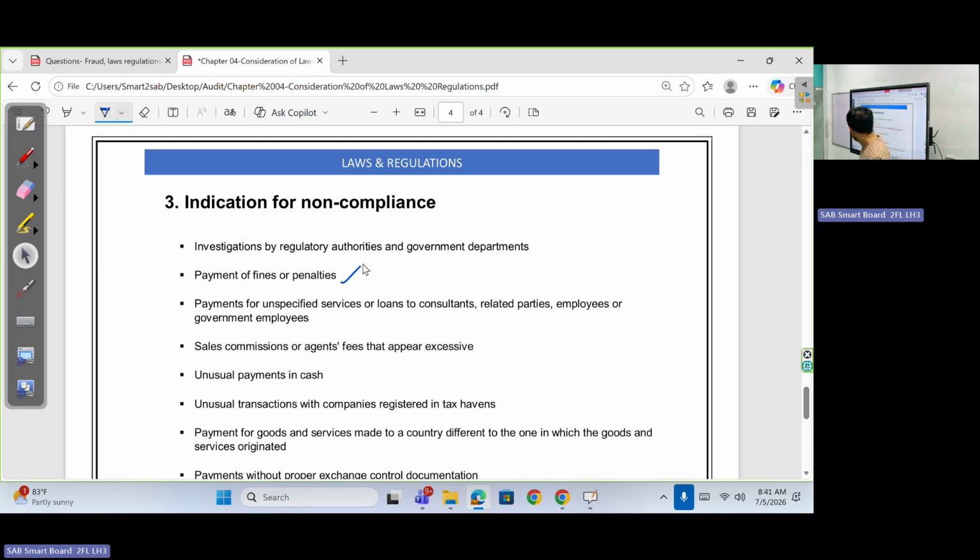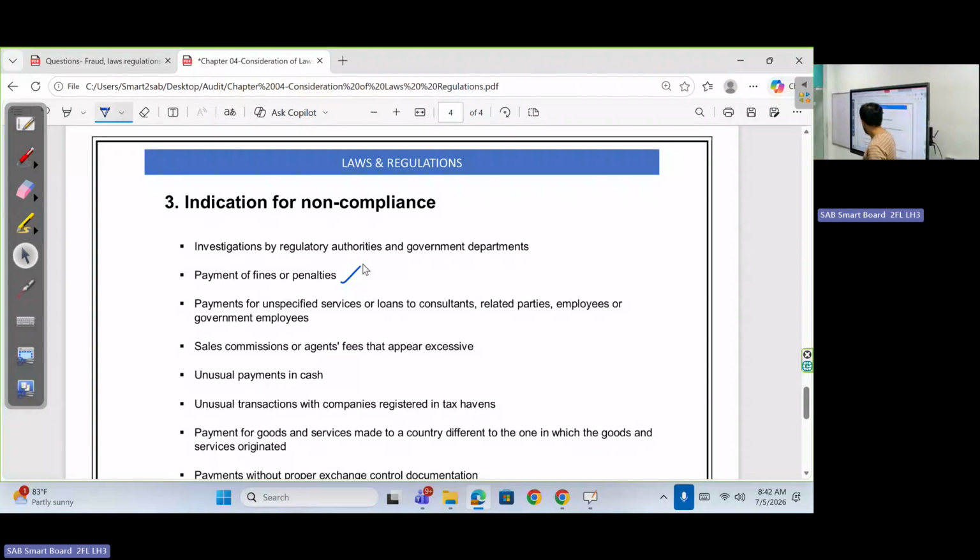As an auditor, if you see it, you should be okay. You have to see further into this matter, whether non-compliances are taking place or not. In conclusion, you have to further evaluate and further check those areas.